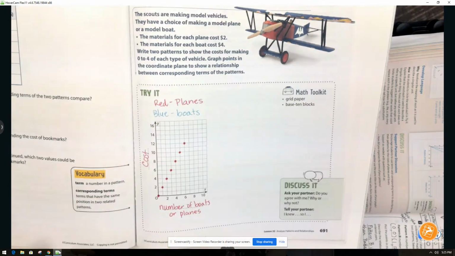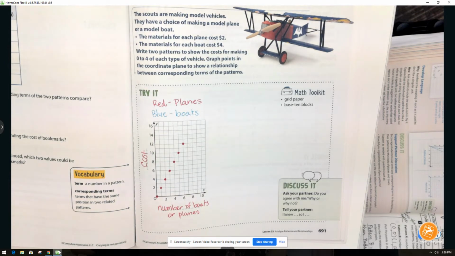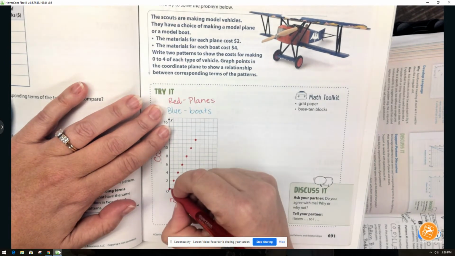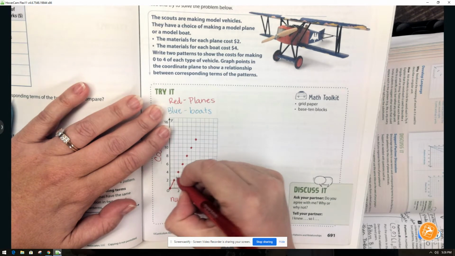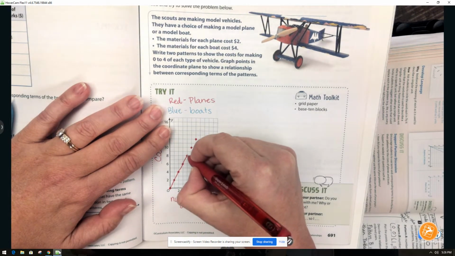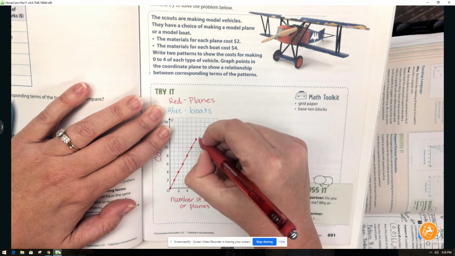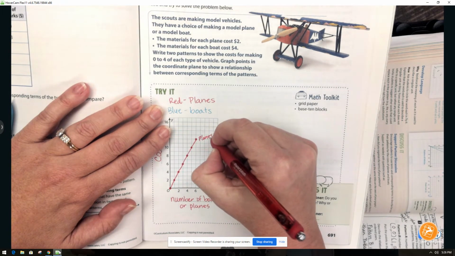And we're going to keep going. I actually went a little too far. We didn't need to go that high, but I wanted to do it because I think it's cool to see how they both are different. So if we connected each of these dots, this shows us the number of the planes.